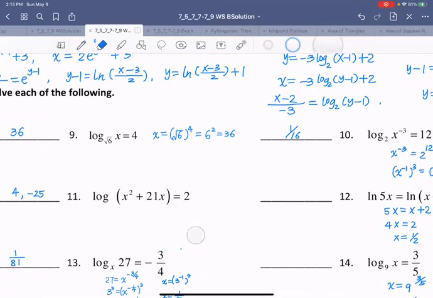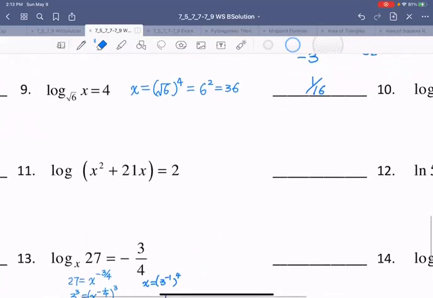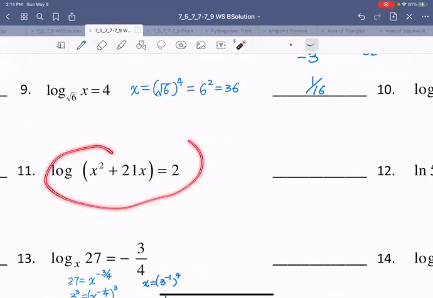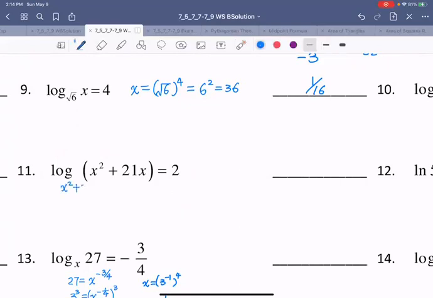Hey, Eric Shaw, one more question. Let's do number 11. How do I solve this one? So x squared plus 21x equals... I think this log by default is base 10.